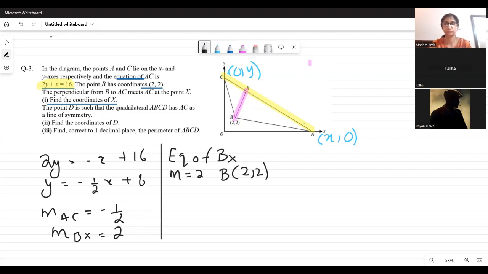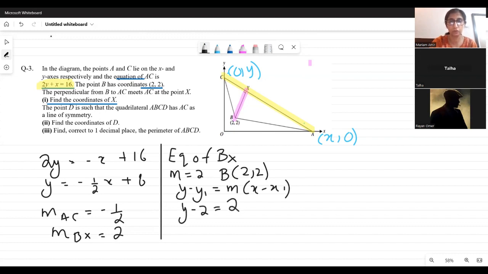You will write the formula y minus y1, right? You haven't memorized it yet? Miss, the equation is y equals 2x minus 2. Are you sure? Let's see. It's going to be y minus 2 if we use this formula, equals 2 times x minus 2.